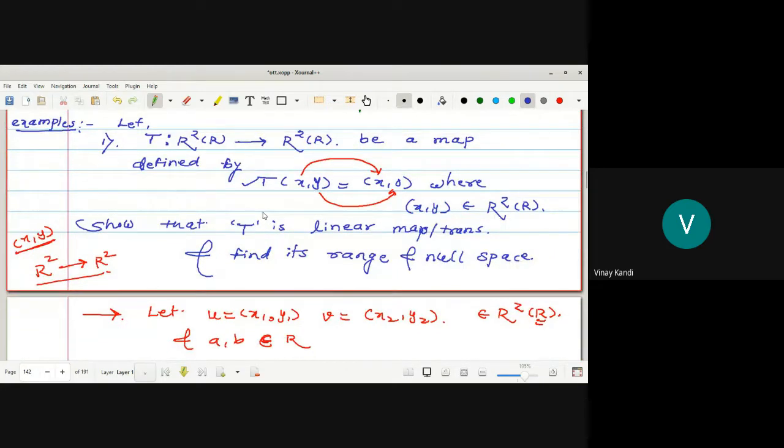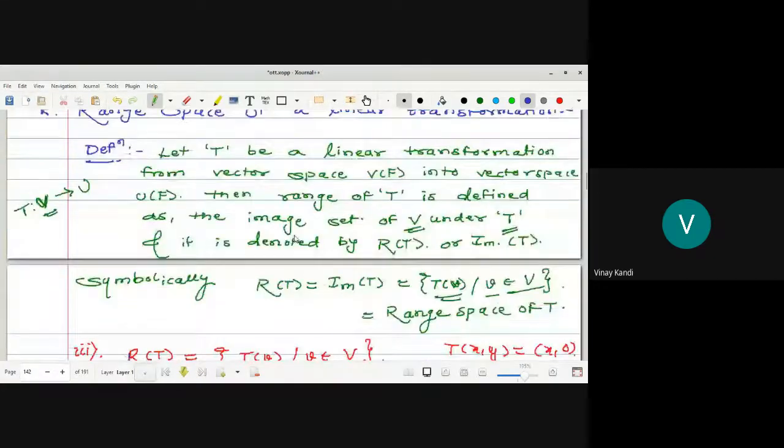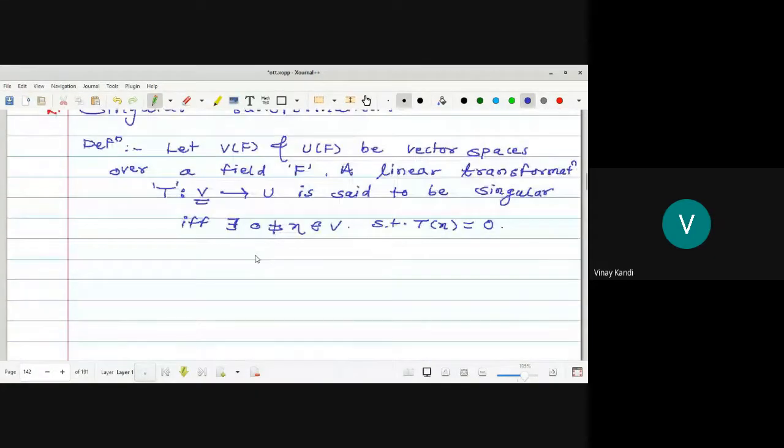is a singular transformation. What is a singular transformation? Suppose at least one element exists like this, which is not equal to 0 and belongs to V, but when you apply the transformation on that element, the result is 0. Then that transformation is called a singular transformation.